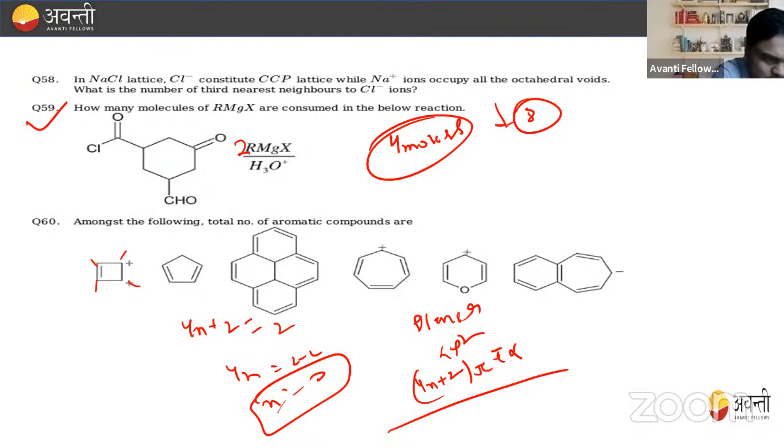Yes, tell me fast, the total number. Yes, that is 4, so this one is absolutely correct. So 4 is the total number of aromatic compounds for this reaction.